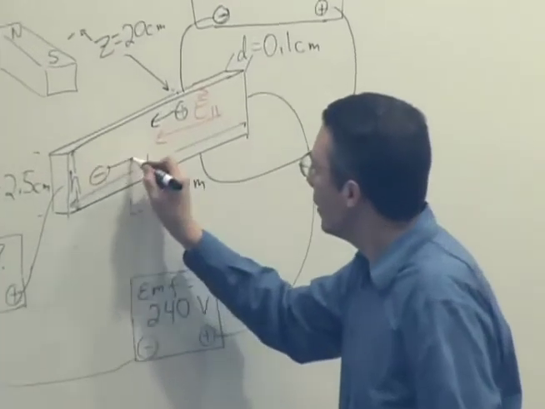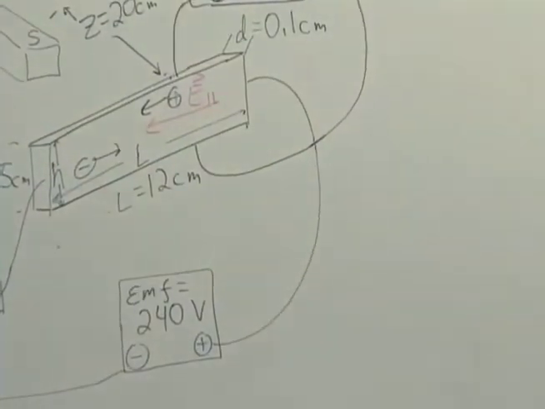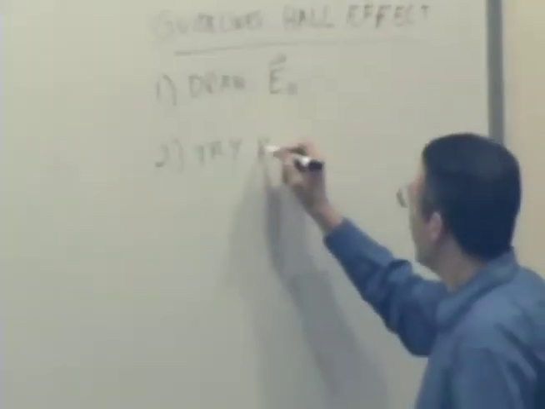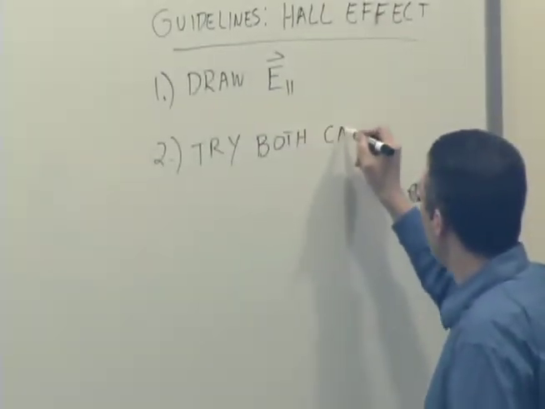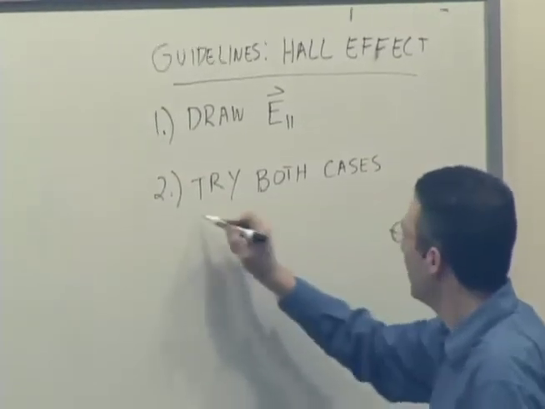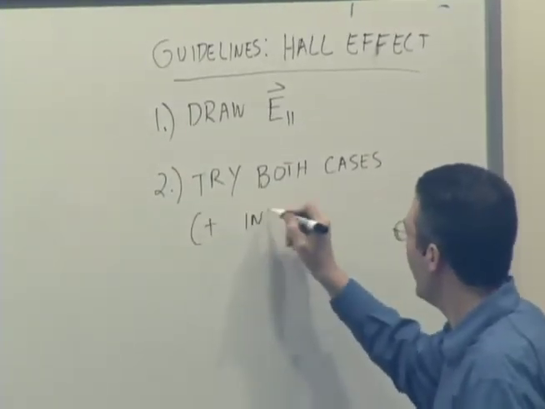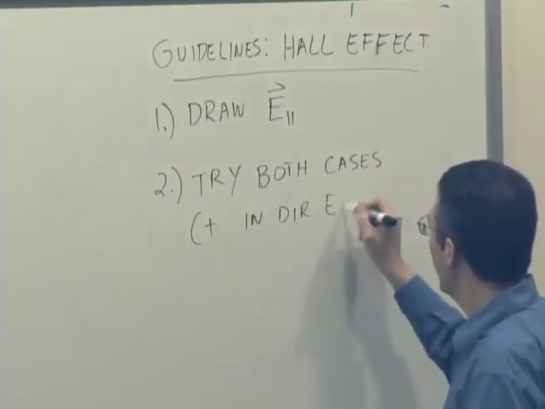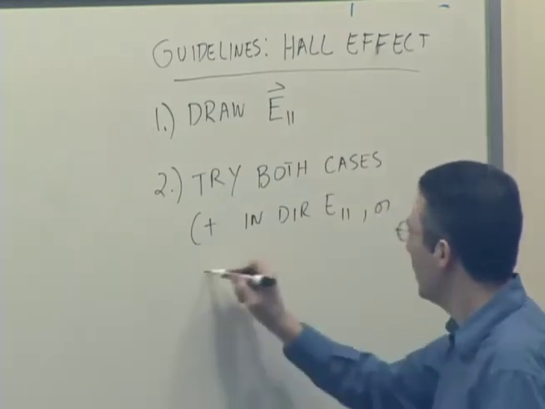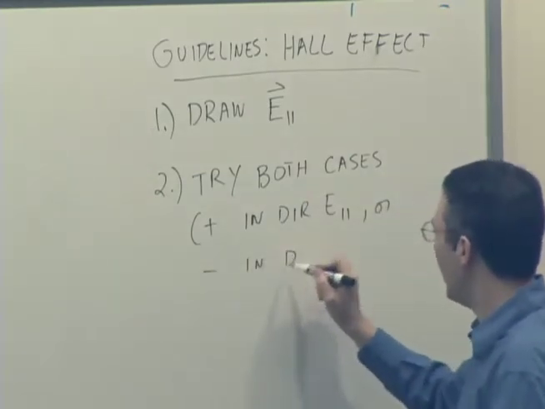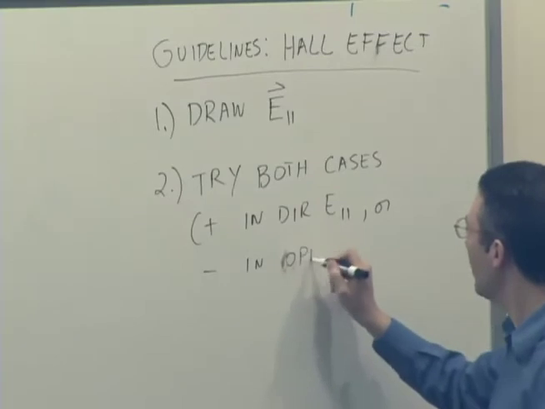Once you've narrowed it down to those two possibilities, you can then try both cases: plus charges in the direction of E parallel, or minus charges in the opposite direction.